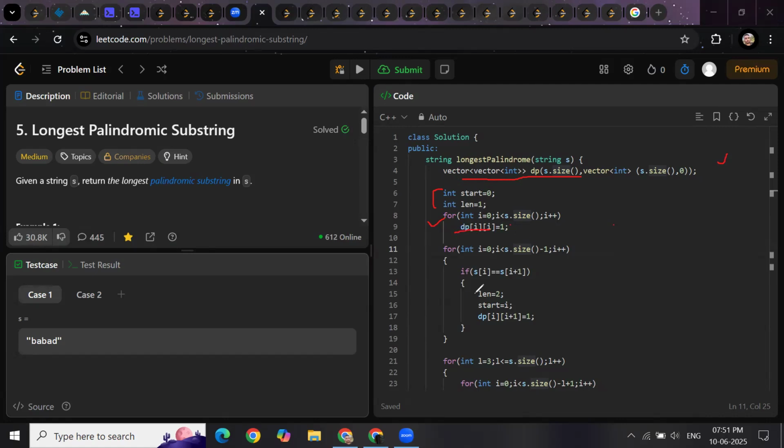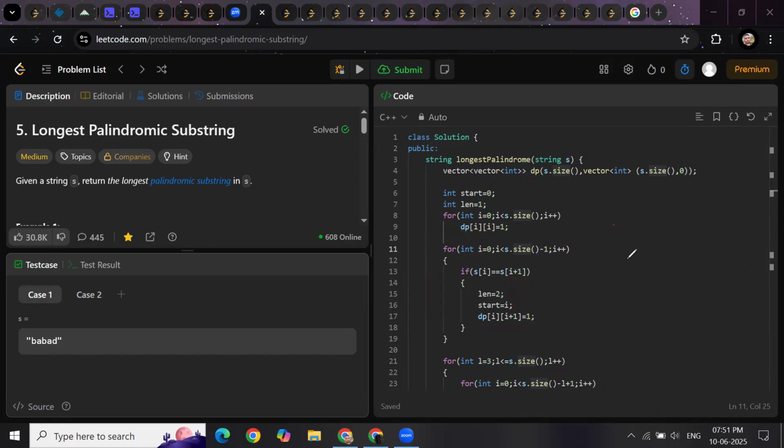And this loop I have run for length 2. I'm checking whether i and i plus 1 are equal. If they are equal, then I am recording the length and the starting position, and marking that as true. Yeah, with that the length 2 substring is a palindrome.